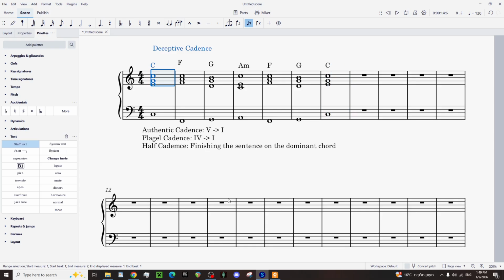So I think you understand the concept. They deceive you to think they're gonna finish the song. They don't. They do something small and then they finish the song. So that's the idea of deceptive cadence.